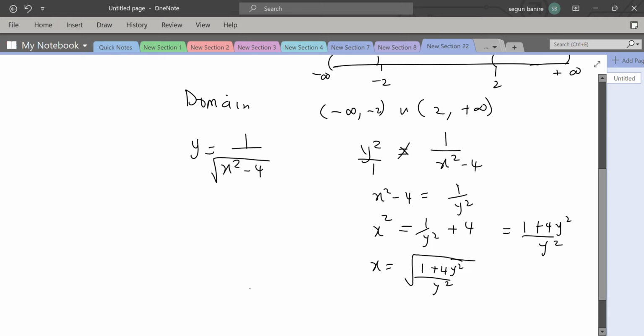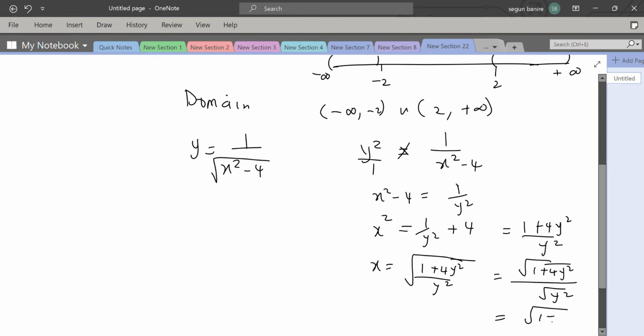Okay, so how do we do this? Okay, we can do it like this. We can split the roots. Then we get the square root of 1 plus 4y squared, over the square root of y squared.